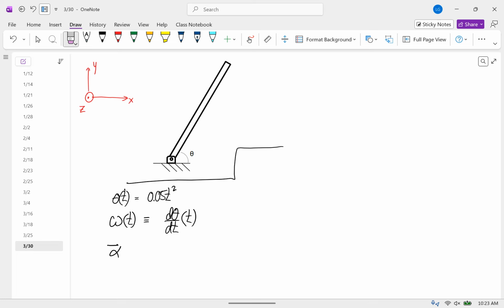The angular acceleration vector, well, we'll just think of all of these as scalars for now. We know they're all z components, but this is equal to the time derivative of omega. Okay, so this one is 0.1 t, and this one is just 0.1.